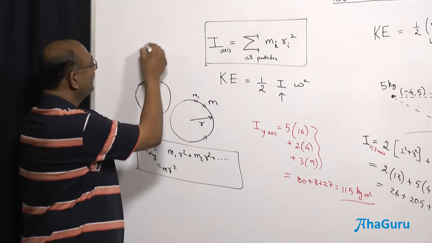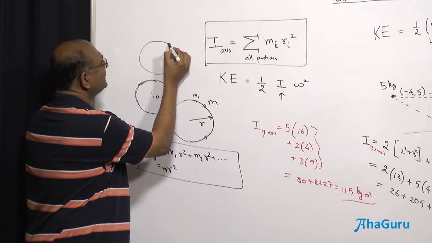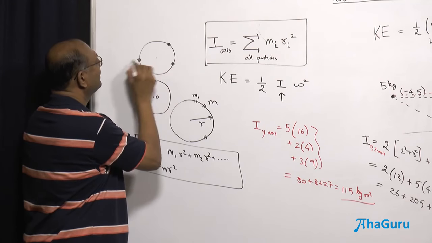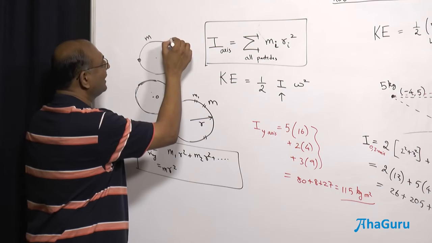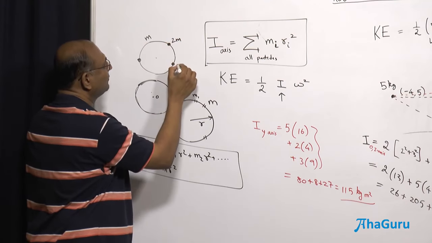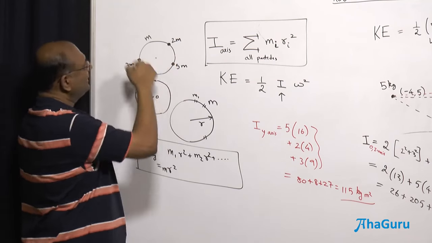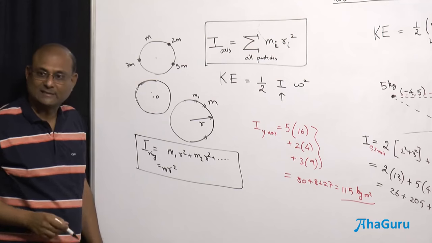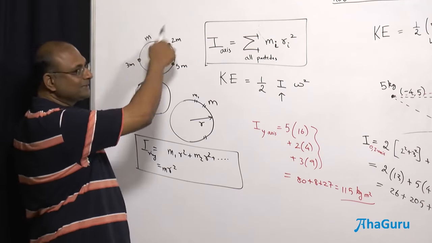If I took a ring and I plonked some extra mass here, let us say this ring was mass m, and I threw a little bit more, let us say 2m, 5m and 3m here. What will be the moment of inertia of this entire system about this axis? Oh, it's all at the same distance r.